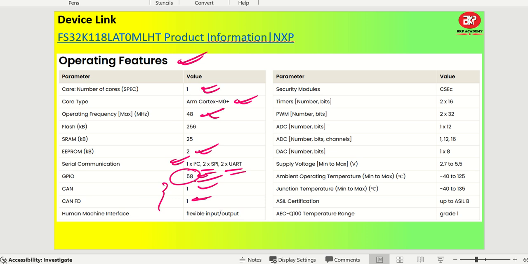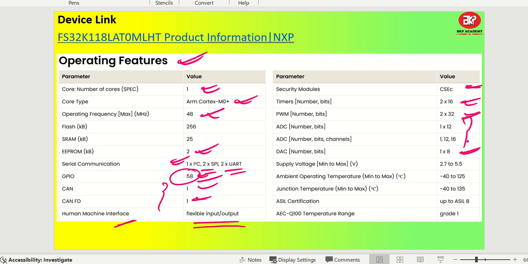We have HMI, that is human machine interface, flexible input output is available. Then we have security modules, timers, PWMs, ADCs. Sorry, it is one ADC with 12 bits and 16 channels total. We have one DAC as well.